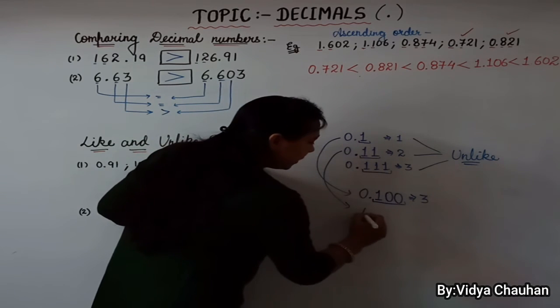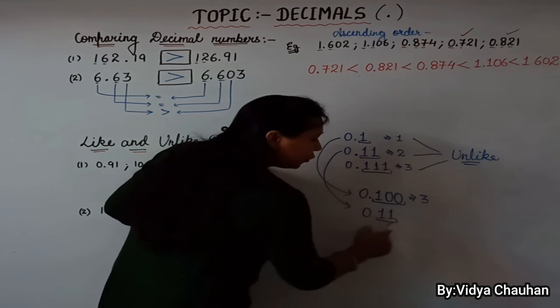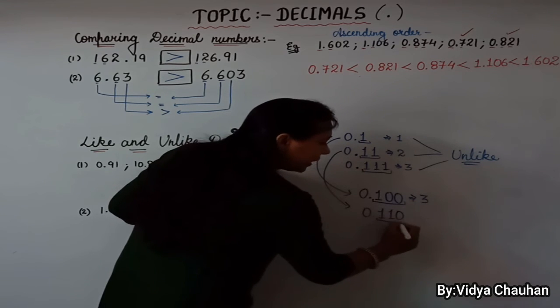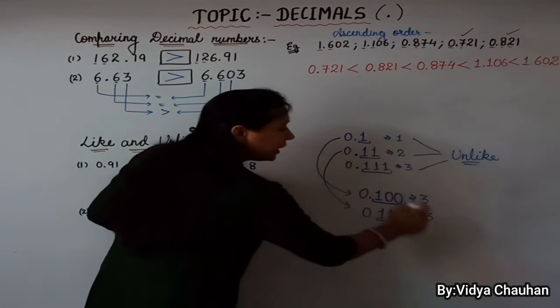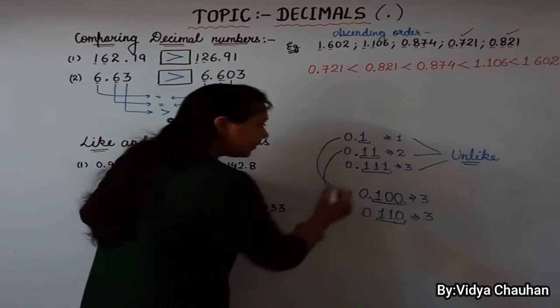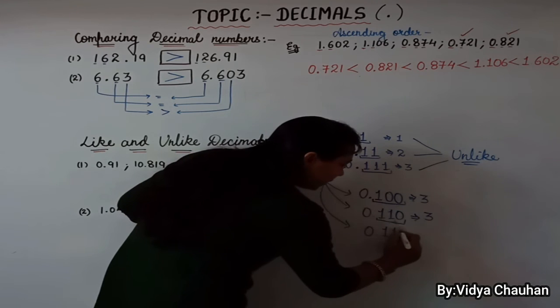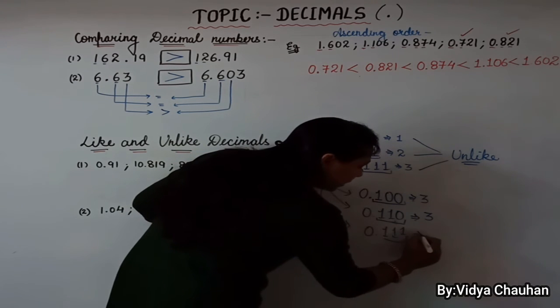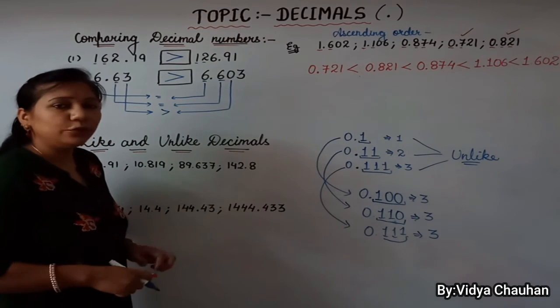Similarly, the second number, 0.11, how many digits are there? 2. We have to make it 3 digits. So I'll put a 0 and now it becomes a 3 decimal place value number. And the third one will be the same, 0.111, because it is already in the form of 3 decimal place values.